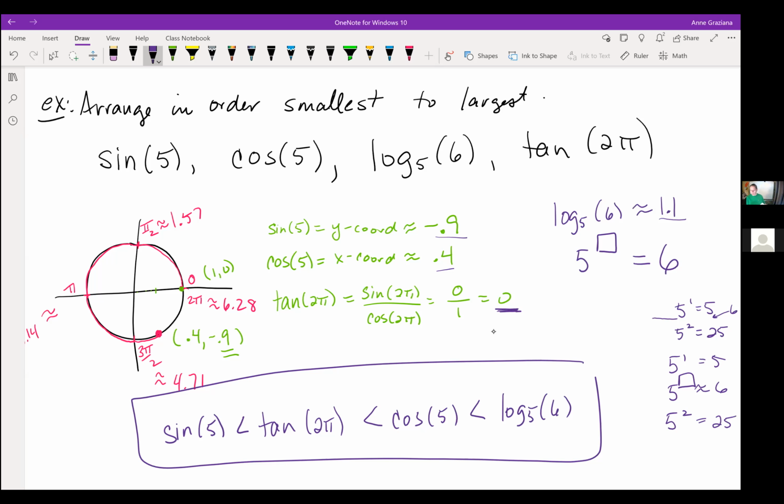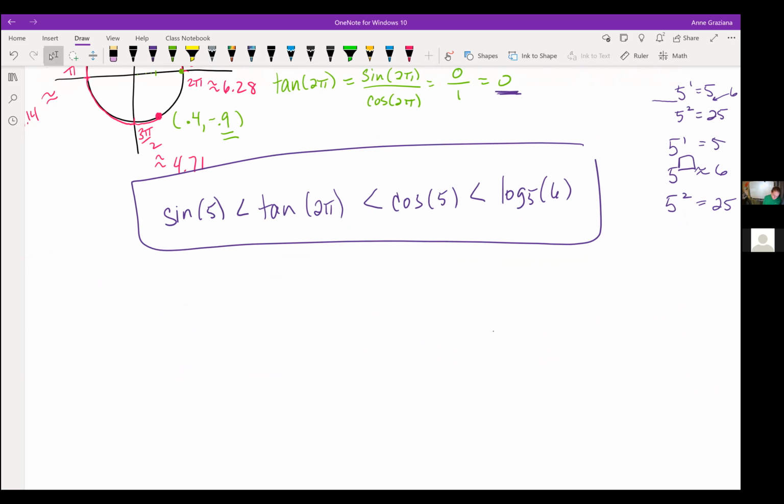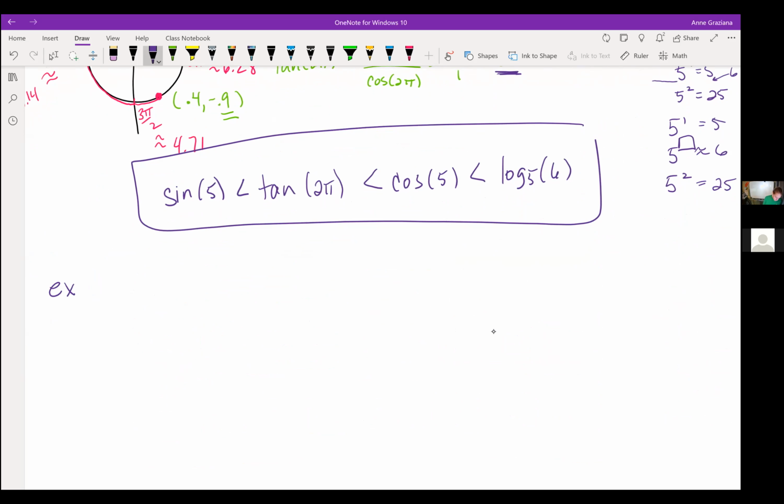All right, let's do one more and then I'm going to introduce the new topic today. We'll only do 11.4 and then tomorrow will be 11.5. This one's a little bit tougher actually, so it'll be good for you to see it.